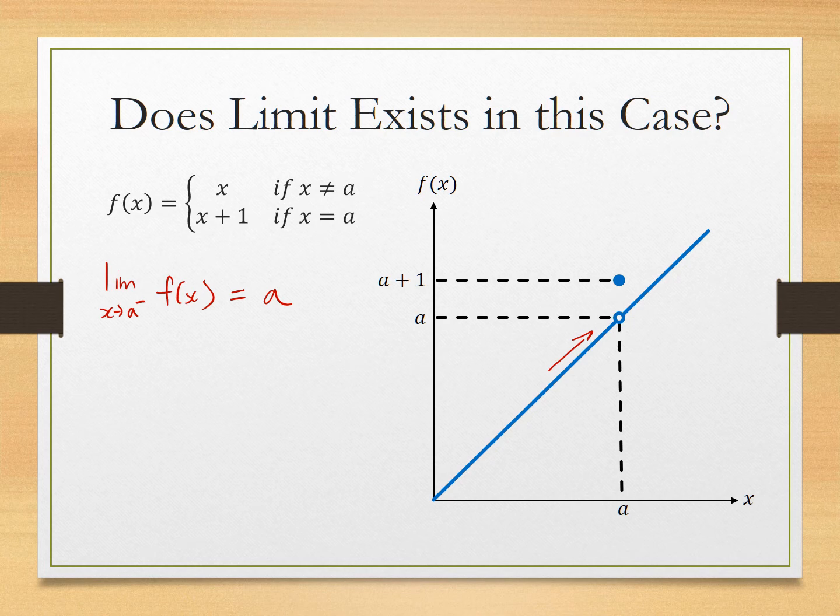Similarly, on the right-hand side, the function is very clearly decreasing and approaching a. It's not approaching a plus 1. In notation, we write the limit as x approaches a from the positive side of f(x) equals a.